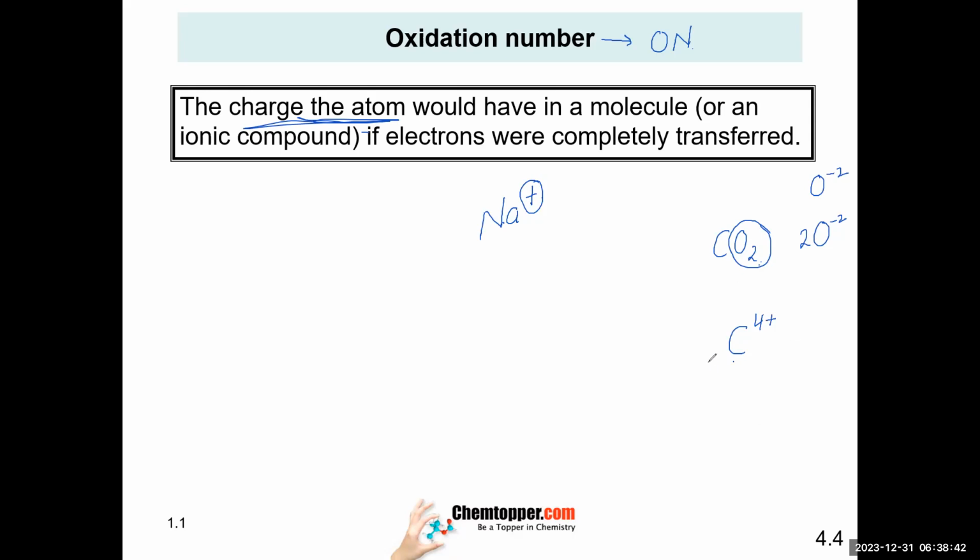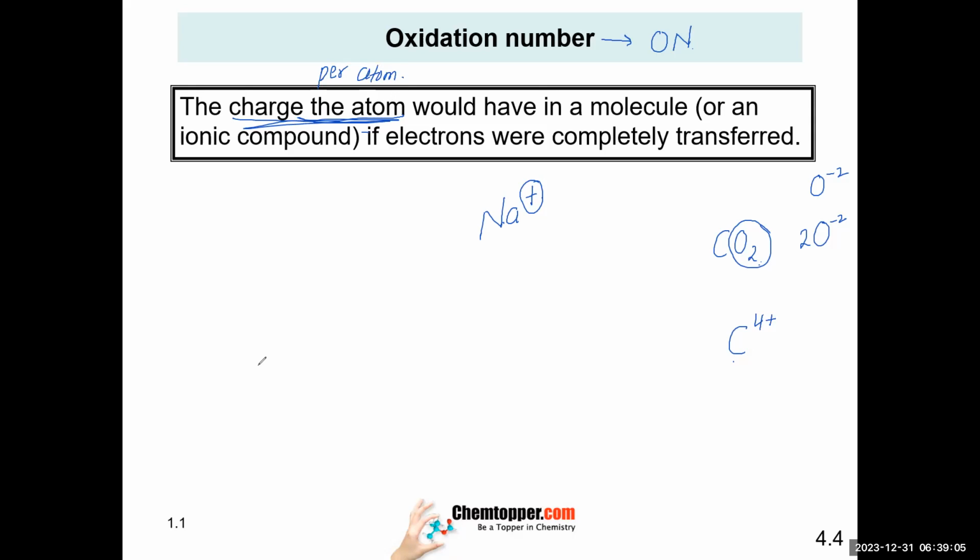So this is how we are going to define the oxidation number. It is the charge left per atom. The charge on the atom, or charge per atom. Single atom, in a molecule, ionic compound, whatever, right?